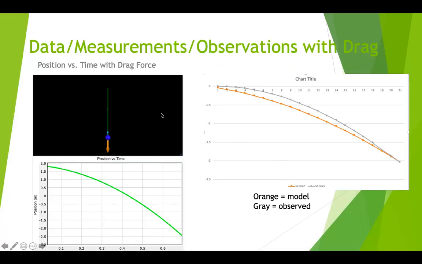Here are those results. This is the position versus time graph and model with drag, in which we see a small blue arrow pointing in the upwards direction, which is slowing down the piece of paper. The new model shows that it did get a lot closer, and that at the end, the final velocities of the piece of paper in the observed versus the model are very, very similar.